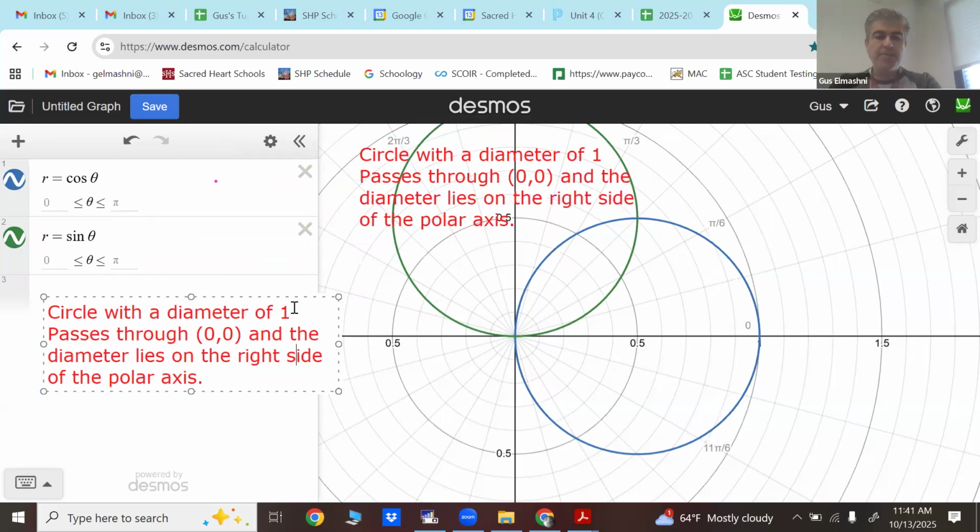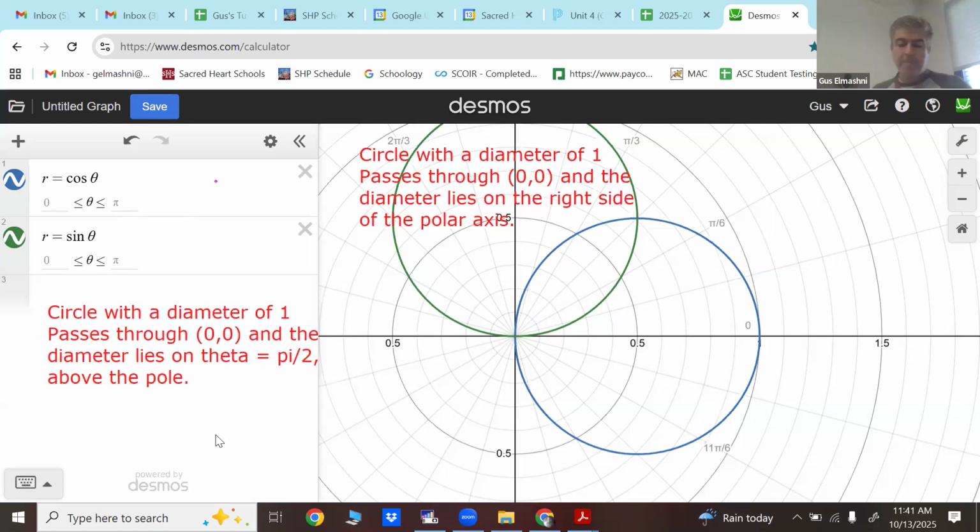But the diameter lies on theta equals pi over 2, above the pole. Because this is above the pole. So that's how you're describing it.